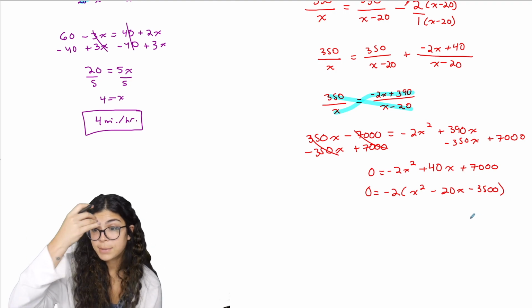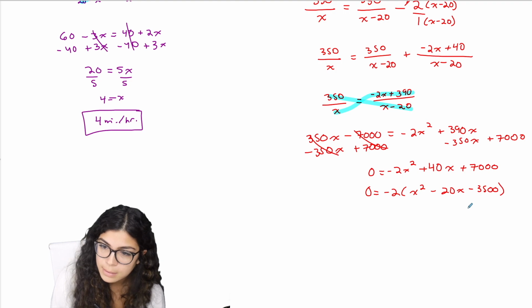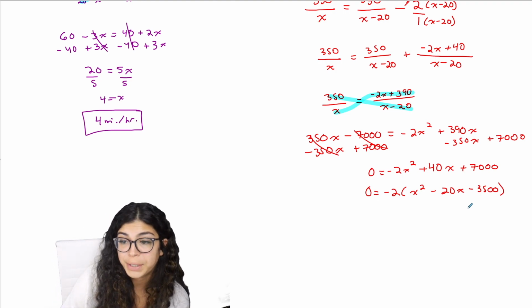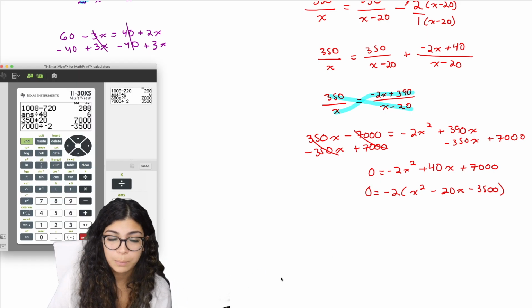All right, so now it's where it gets interesting. Multiplies to negative 3,500 and adds to negative 20. Let's go through.